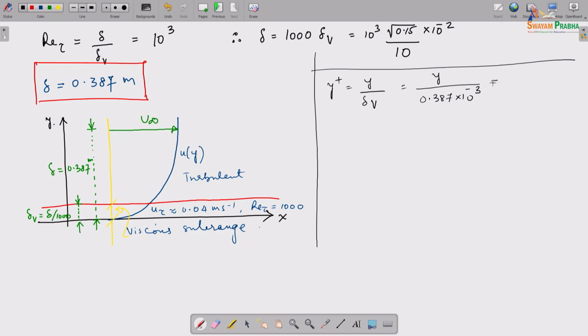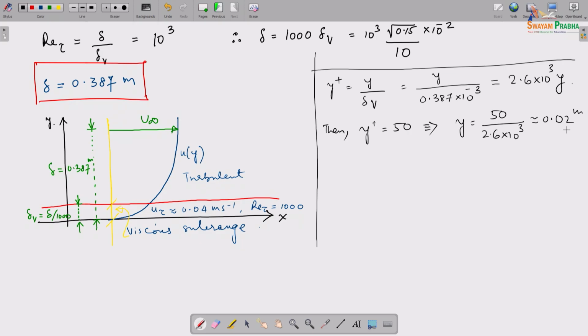Now we had written these out earlier. Now y plus is equal to 50, right. It means y is equal to 50 by 2.6 into 10 to the power 3, which is about 0.02 meters.